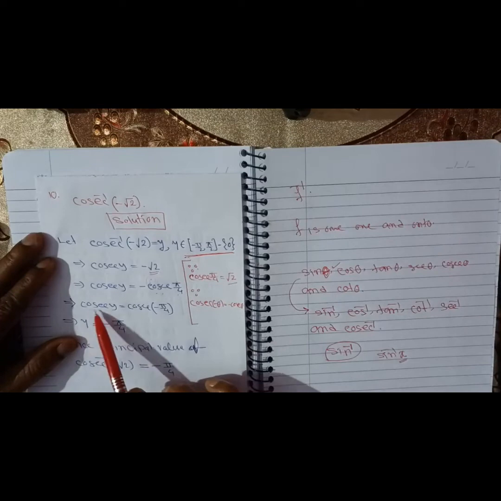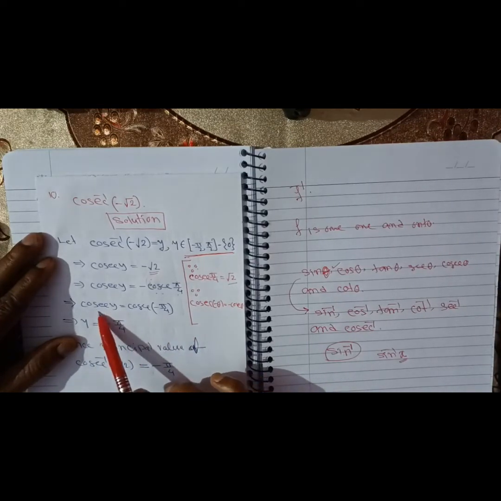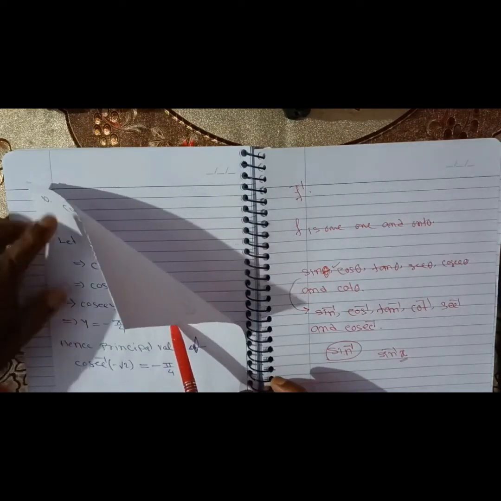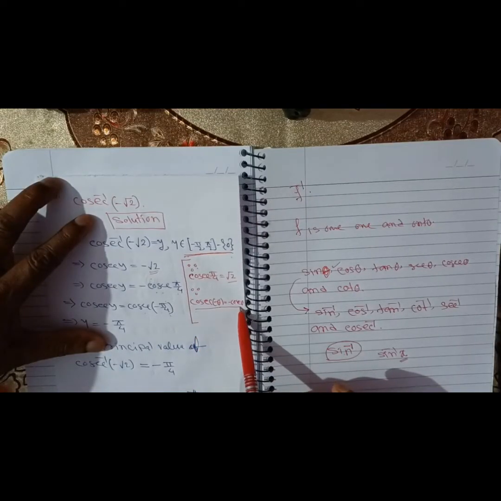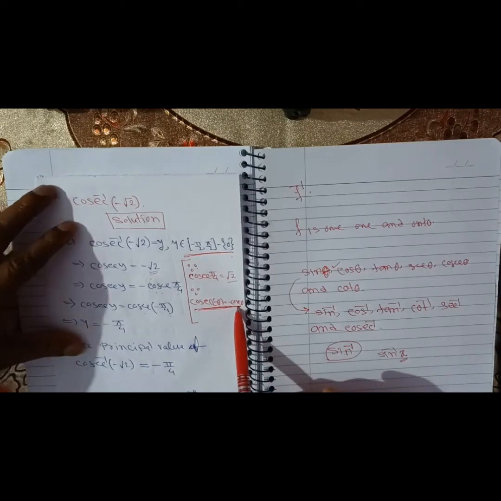This implies cosec y is equal to cosec minus pi by 4, because cosec minus theta is equal to minus cosec theta. We use this formula or these properties.